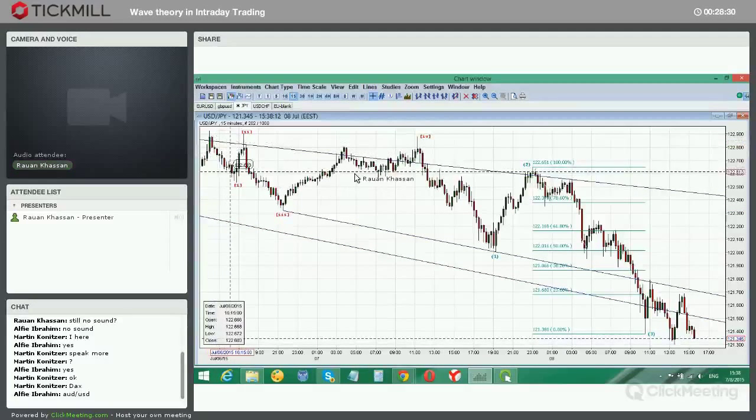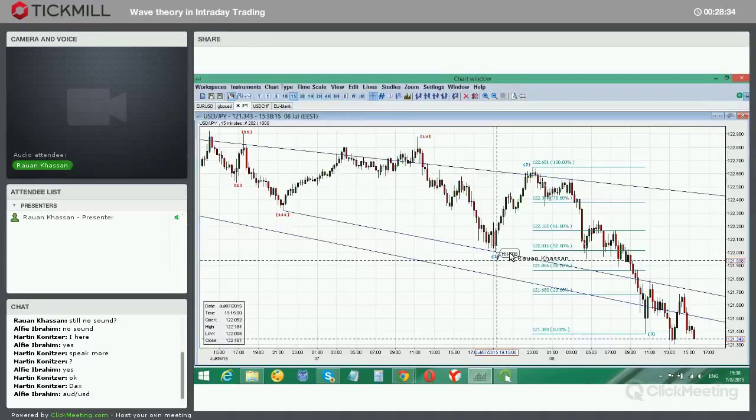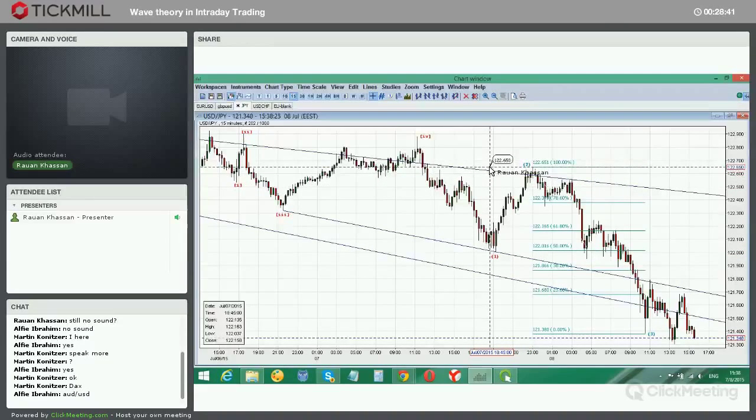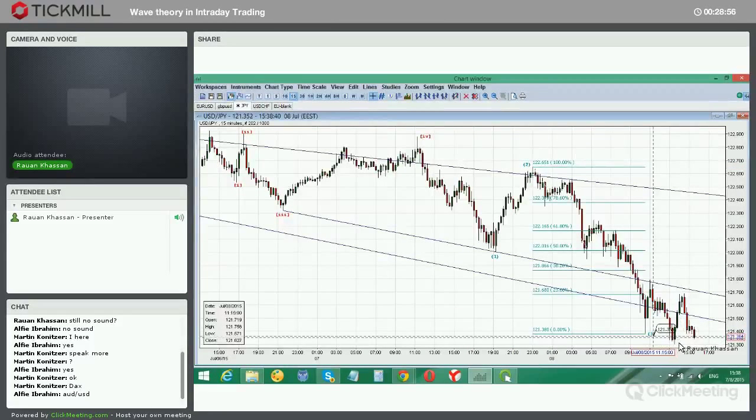First, we have a 5-part impulse wave 1, which stopped at 122 exactly. Then the third wave is created from 122.65 to the current point of 121.30, and still we see a continuing decline.